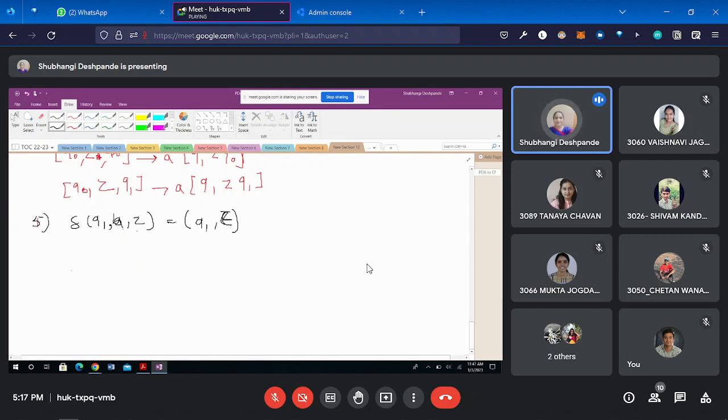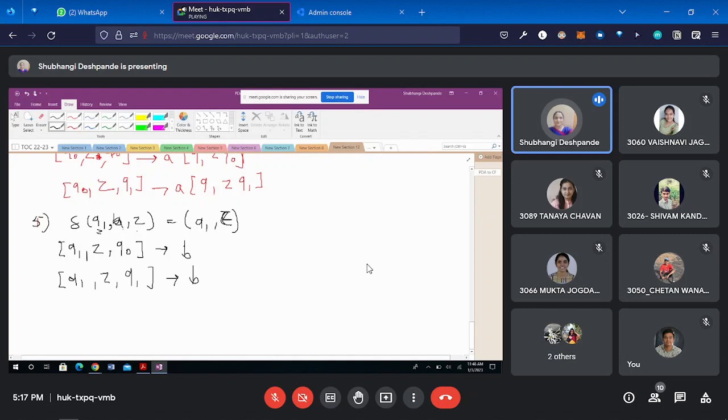So here we will have Q1, stack is Z, then you will have this Q is what? There are Q0 and Q1, both are there. So we will have this as B. Similarly Q1 Z Q1, which results into B. Now why have we taken Q1 here, not Q0?